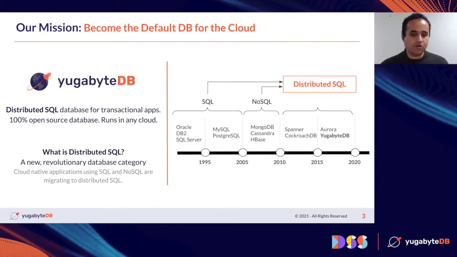So they were using Oracle and then Postgres and MySQL and open source databases. But then you started seeing applications scaling, applications demanding resilience from the underlying database. And these monolithic RDBMSs were not able to provide that. So then you saw the emergence of NoSQL, non-relational databases that gave you resilience, scale, and geo-distribution, but at the expense of relational data modeling and ACID transactions and so on.